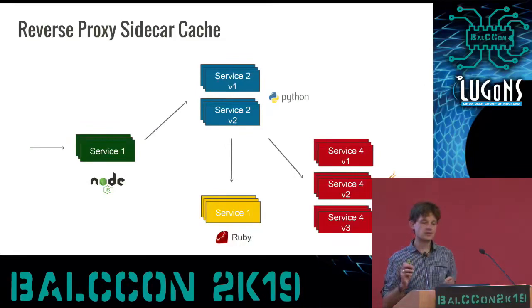Let's come back to this diagram from the beginning of this presentation, which is a classic microservice system. Microservices use each other, they have different versions and can be written in different languages and frameworks.